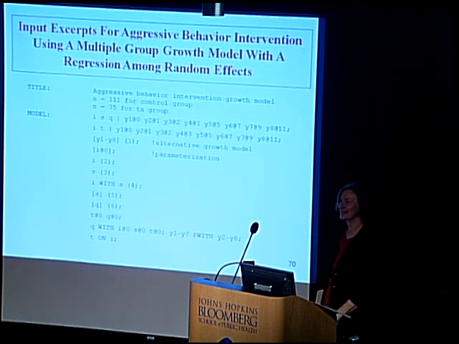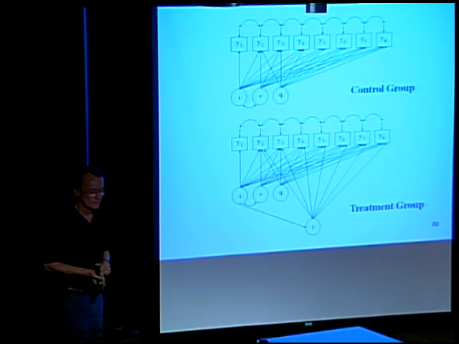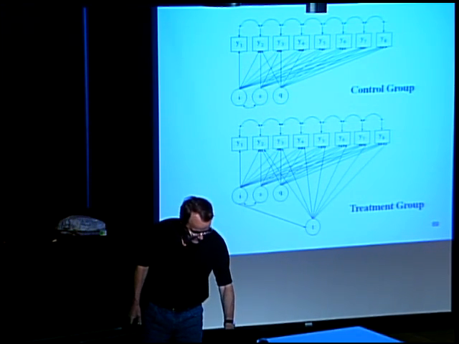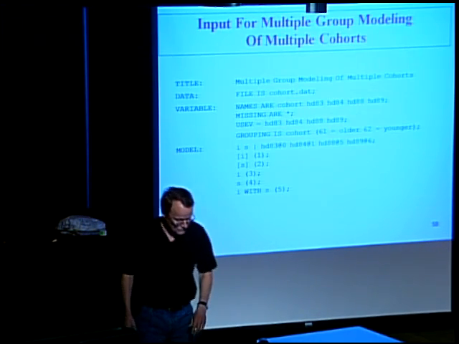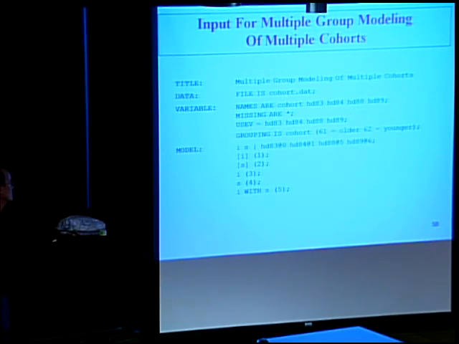We have a question here. I have a question about the multiple group and multiple cohort. Is it possible that you put different growth shapes for different cohorts? So the question is whether you can have a model other than a linear growth model, like a quadratic?